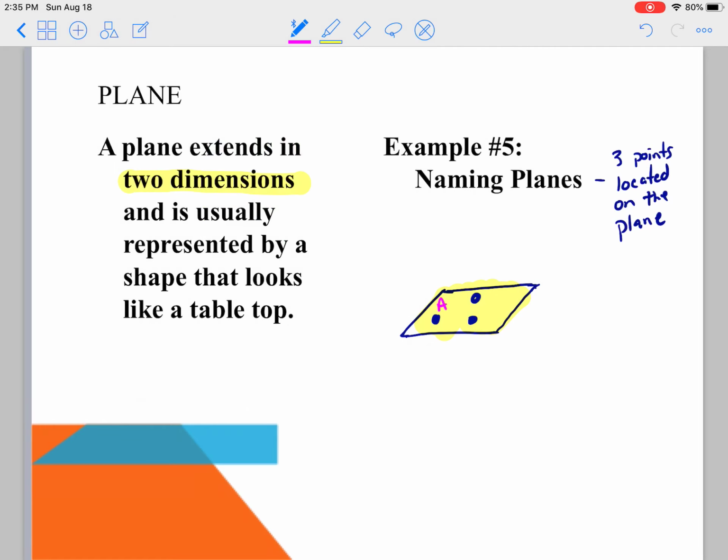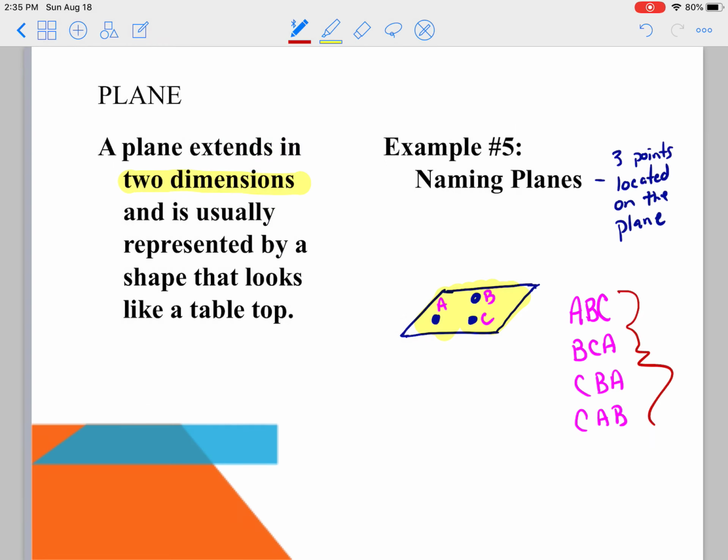Let's just call them A, B, and C. If I wanted to name this plane, I would just name it ABC. So now I have plane ABC. And I could have just as easily called it plane BCA or CBA, CAB.